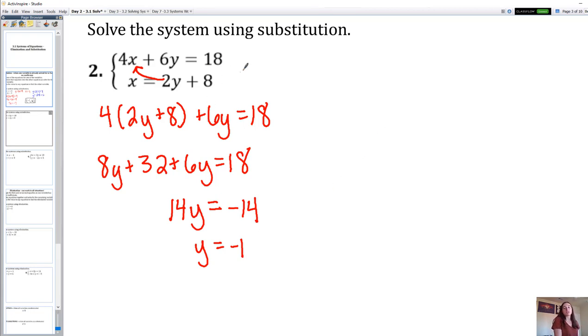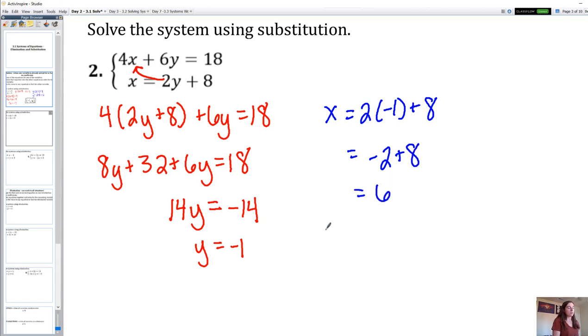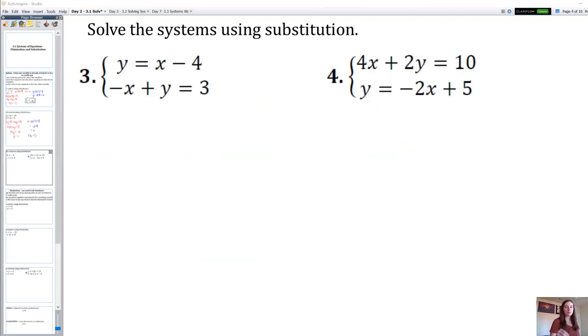Using either equation, doesn't matter which one, we can find x. I'm going to use the second one. So x is equal to 2 times the y value that we just got, plus 8, which is negative 2 plus 8, which is 6. So that means that the intersection of these two lines is at 6, negative 1.